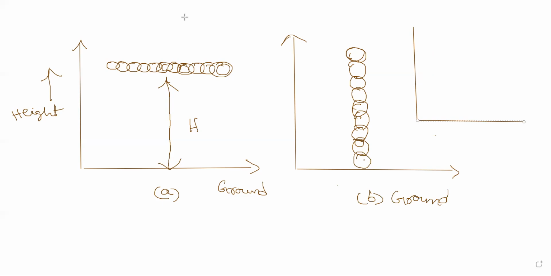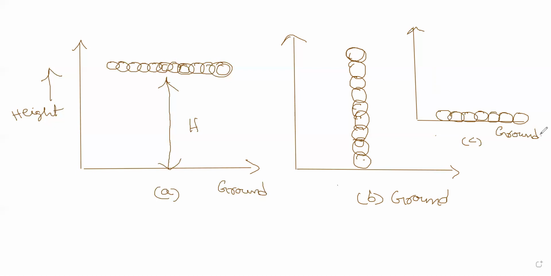Now the case 3 is like the chain is simply lying on the ground. These are the three cases. This is the ground.